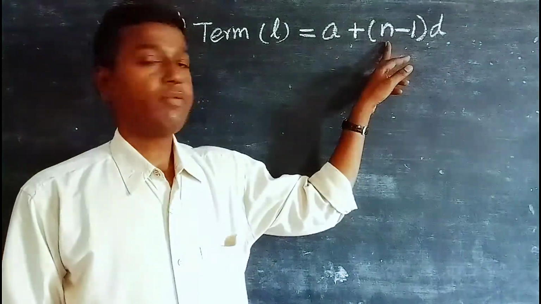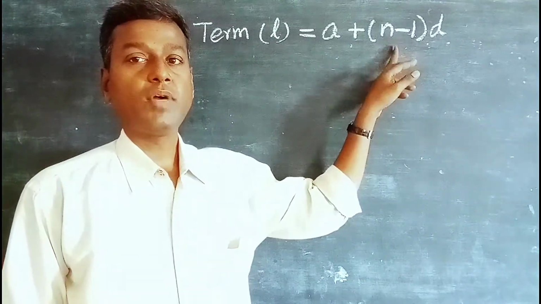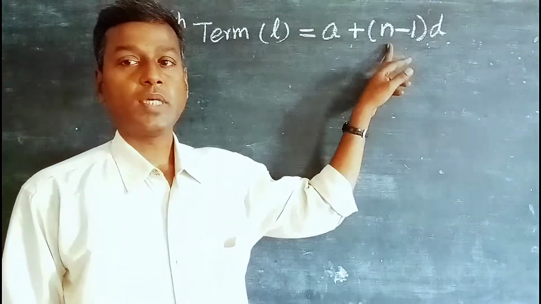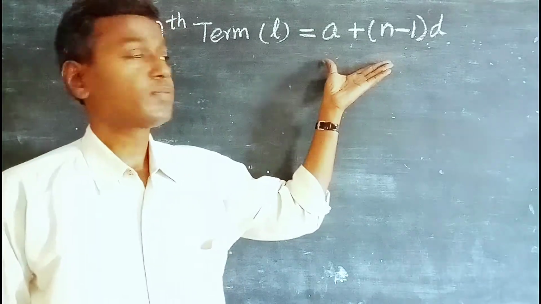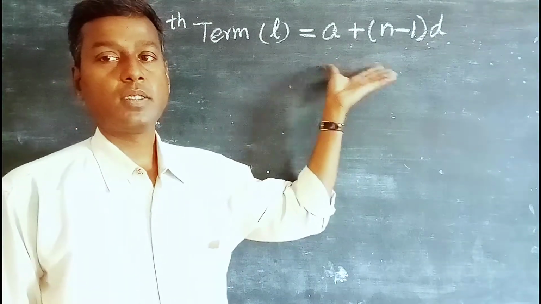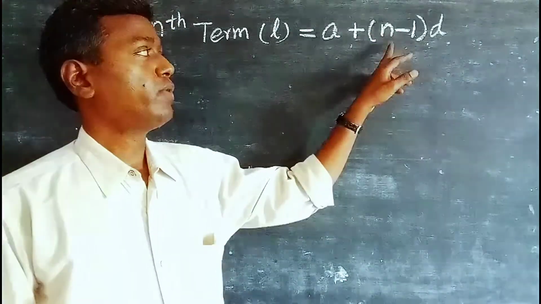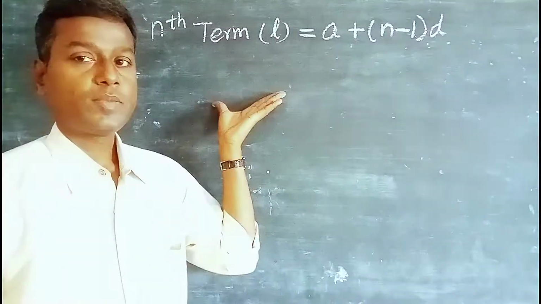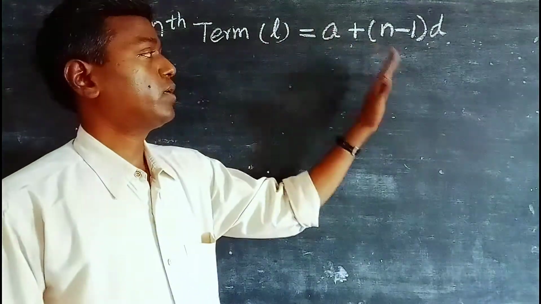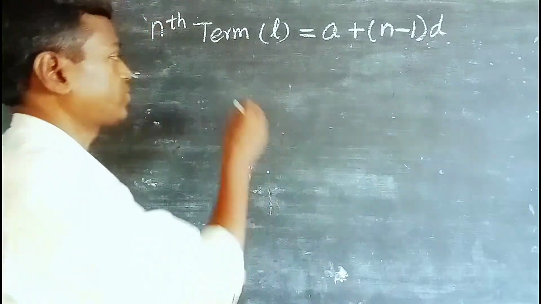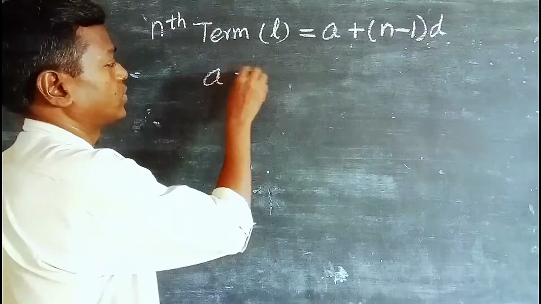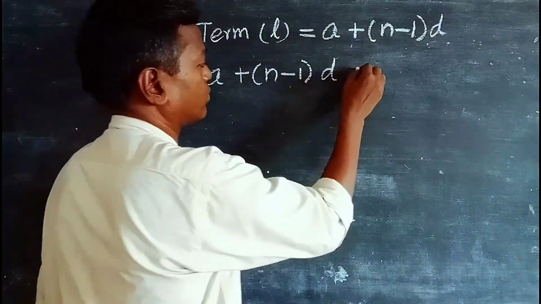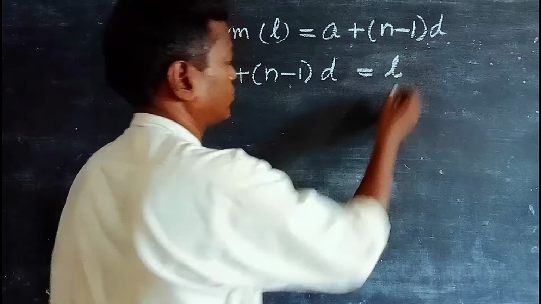We want the formula for the number of terms, which will be derived from the nth term formula. We want the n value, so take the RHS value to the LHS and the LHS value to the RHS.